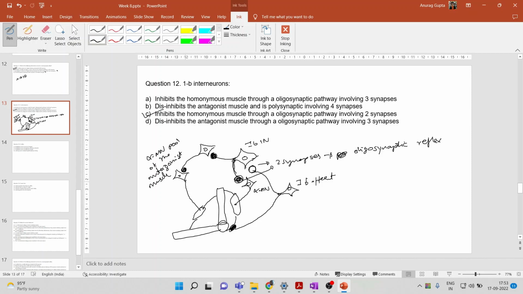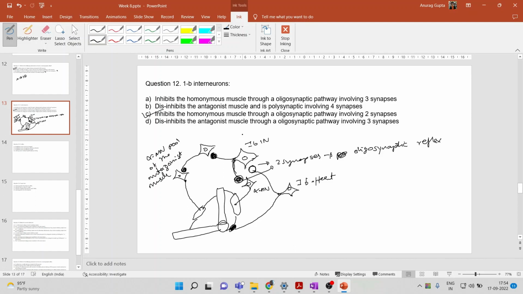This again causes a contraction in this, or the probability that the antagonist will contract increases, and hence it will oppose the action that was caused due to the contraction of the agonist muscle. So again, this is a form of negative feedback. This is called disinhibition.